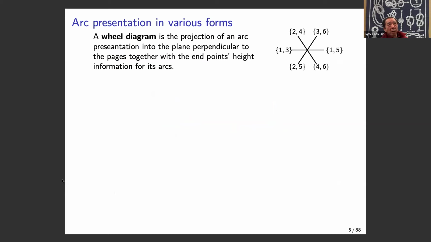It's a projection of the arc presentation into the plane perpendicular to the axis, so it's a graph with one vertex and many edges, and each edge has a pair of numbers indicating the two ends of the arc, the relative height of the endpoints of each arc in all the pages.